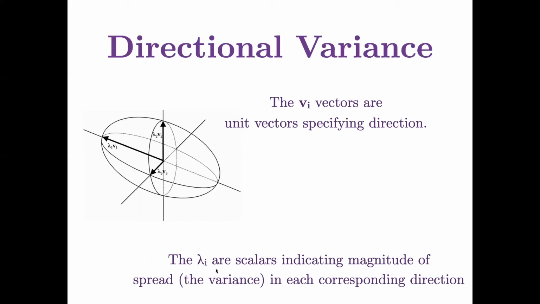And the lambda_i are scalars that actually indicate the magnitude of the spread. So they tell us the variance of the data in each corresponding direction. By corresponding, I mean that lambda 1 is the variance along v1, lambda 2 along v2, etc.